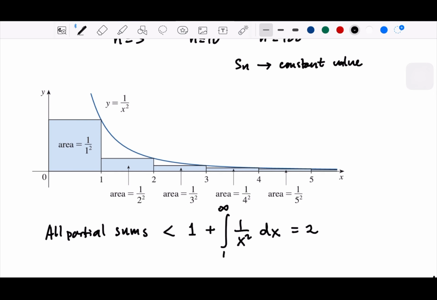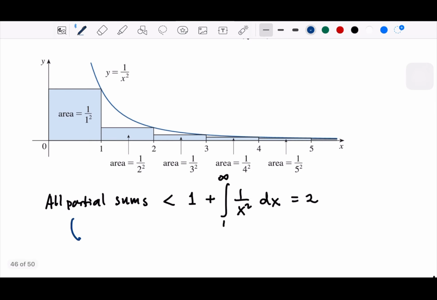So we know for sure that the partial sums will be bounded. Okay? So the partial sums will be bounded.